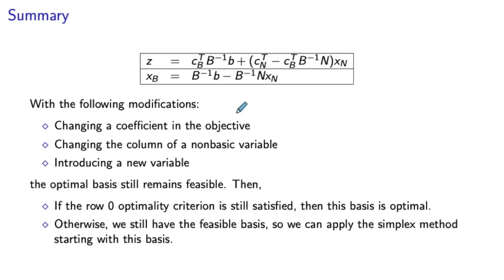Alright, so in summary, looking at these three cases here, we saw that the corresponding changes impact only row 0 and don't impact the feasibility. Therefore, even if we are outside of the allowable range, we can find the new optimal solution by applying the simplex iteration to the previously optimal primal tableau.